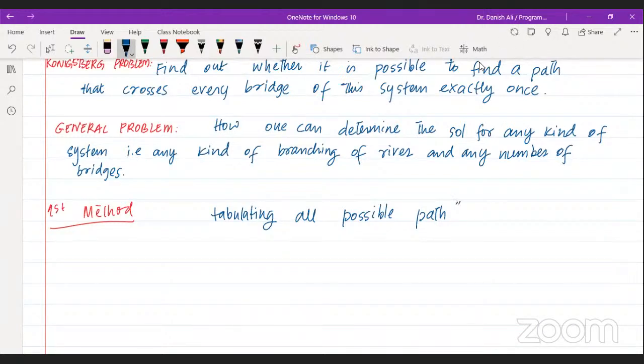He called this method the brute force method.